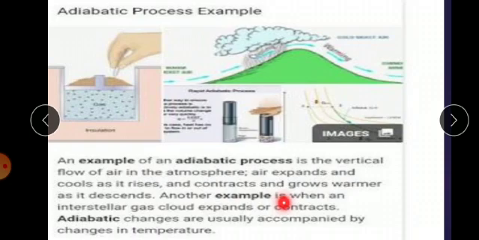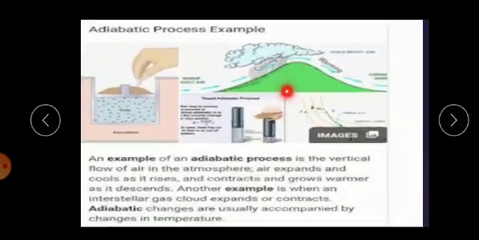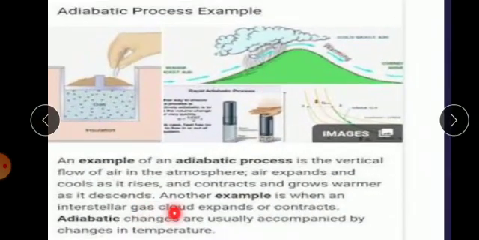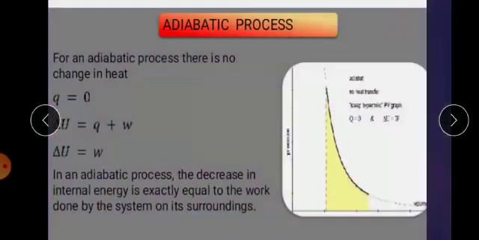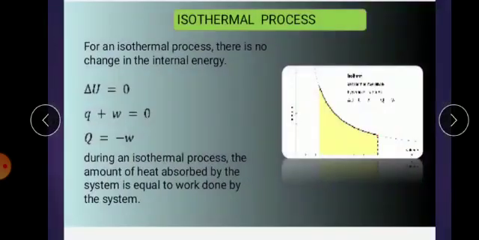Another example is when industrial or gas clouds expand or contract. The adiabatic changes are usually accompanied by a change in temperature. So there is no net change of heat. Simply remember, adiabatic processes: no heat exchange, Q is equal to 0.